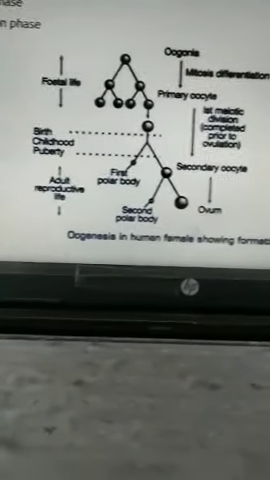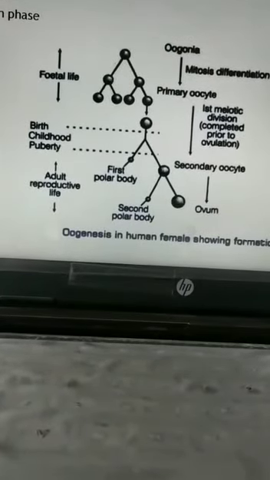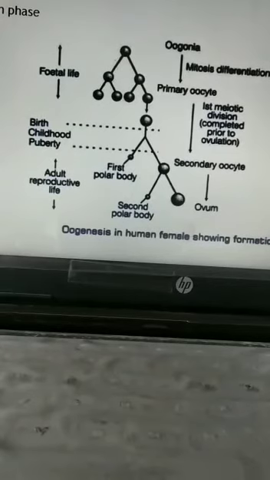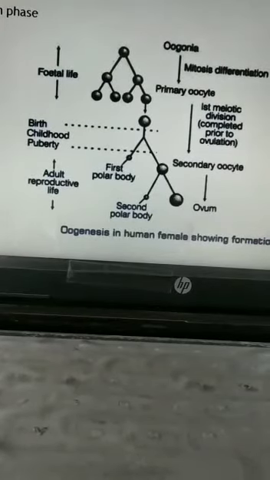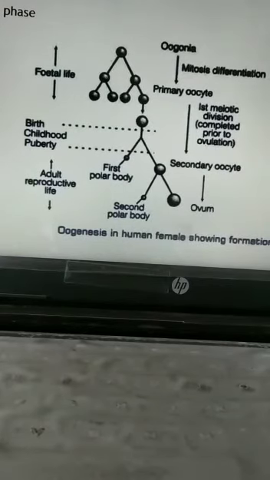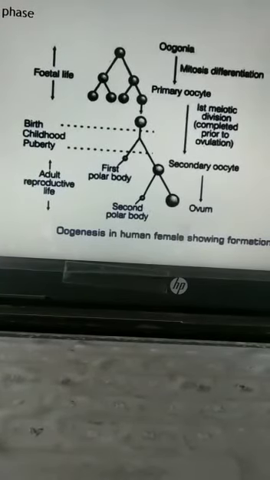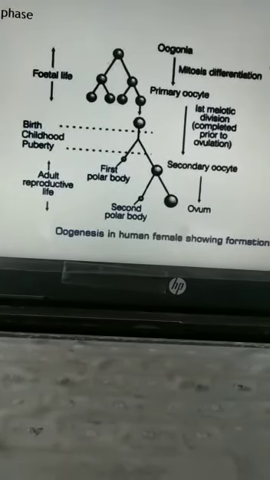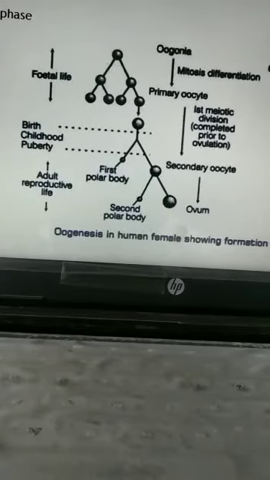Now we will see the multiplication phase. Oogenesis is initiated during the embryonic developmental stage, when a couple of million gamete mother cells, that is oogonia, are formed within each fetal ovary.